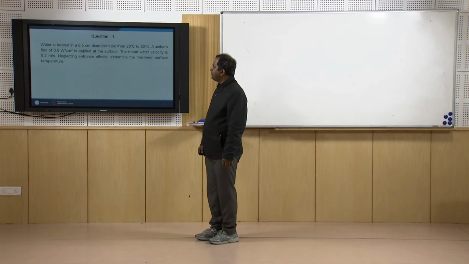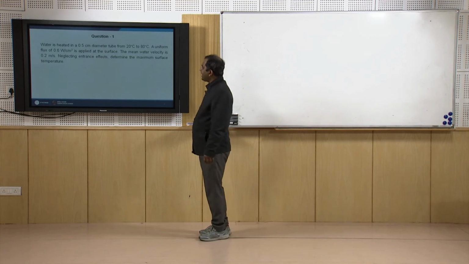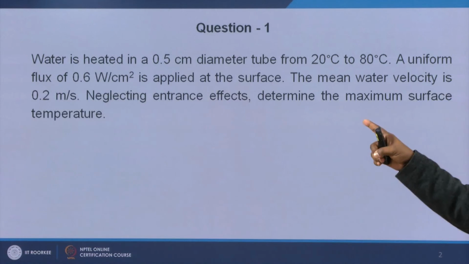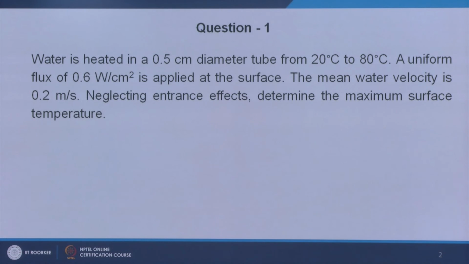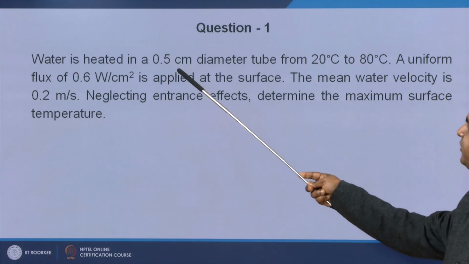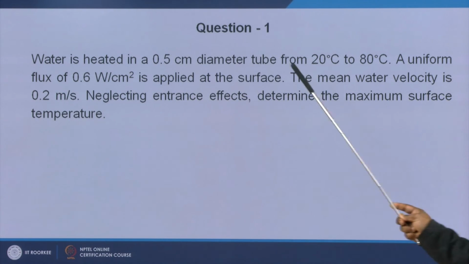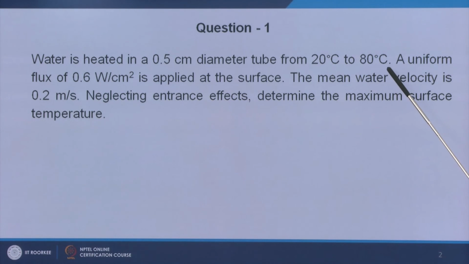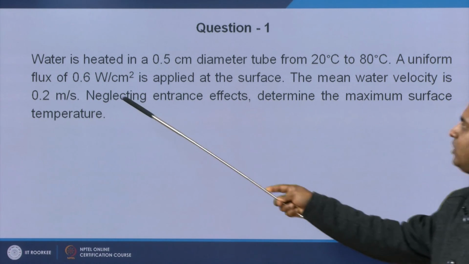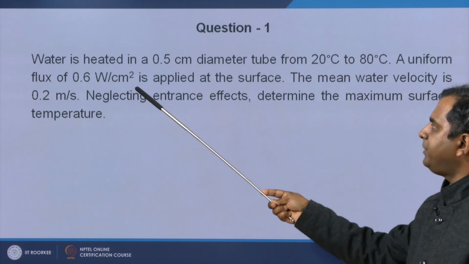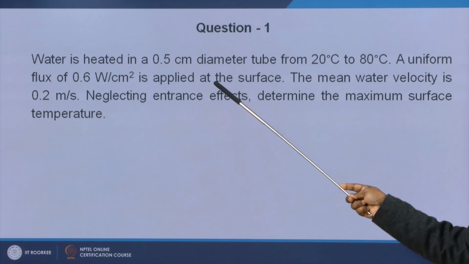So, first problem is like this. Let us say we are having water which is being heated in a 0.5 centimeter diameter tube, from 20 degree to 80 degree. A uniform flux of 0.6 watt per centimeter square is applied to the surface of the tube.